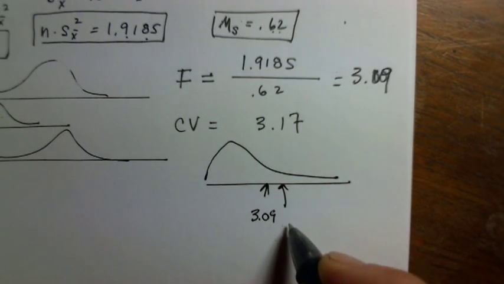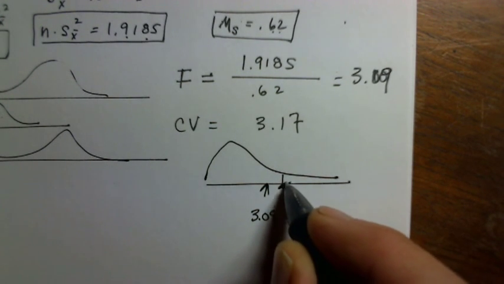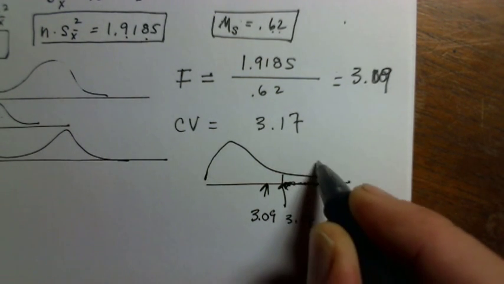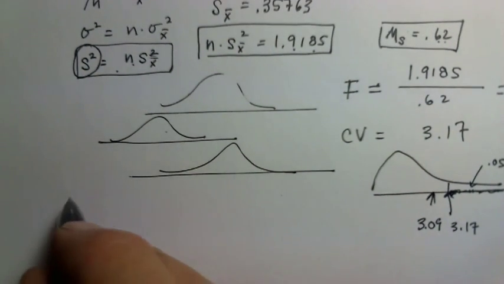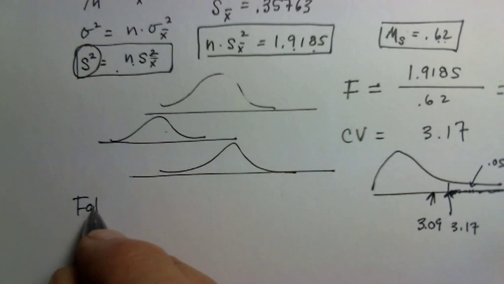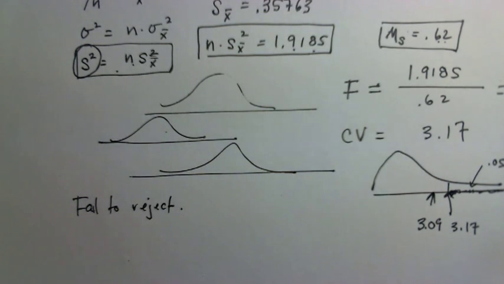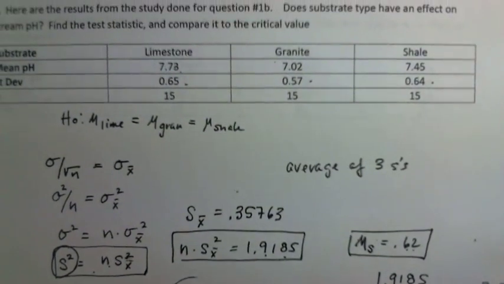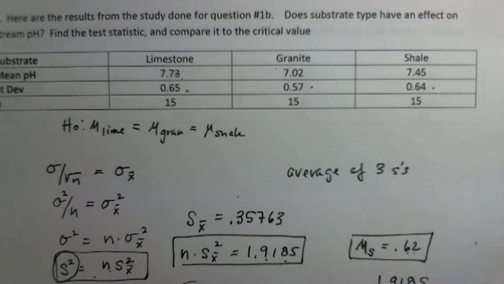Our critical value was here. The rejection region is the region out here, where this area is 5%. So we have to fail to reject the null hypothesis. There's not quite enough evidence to show that the pHs for these different rocks is actually different.